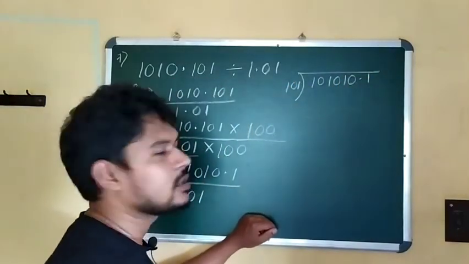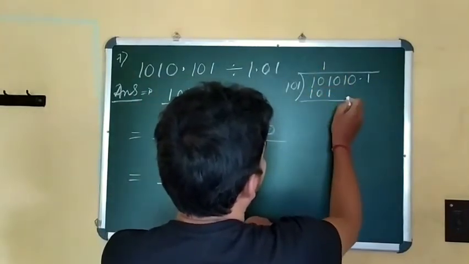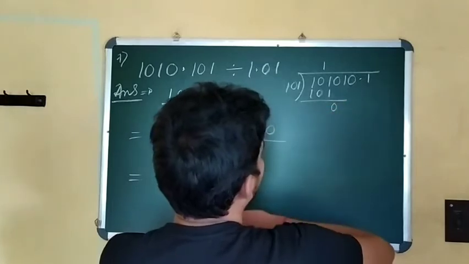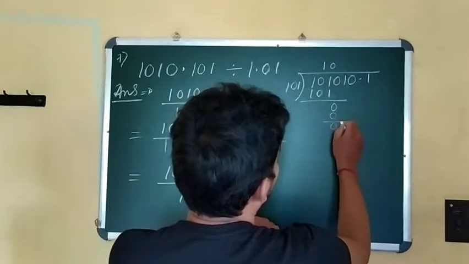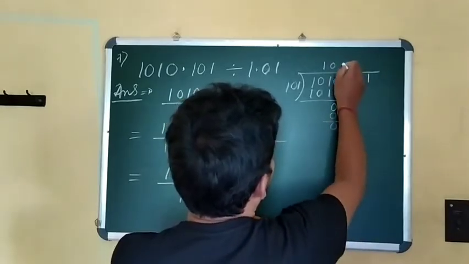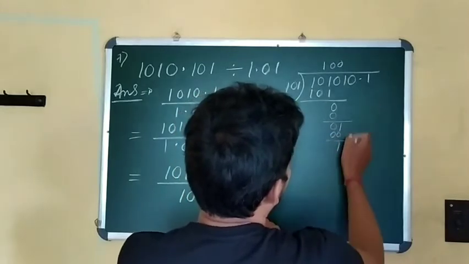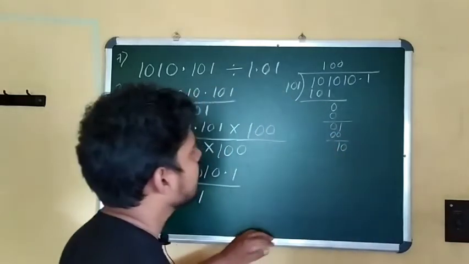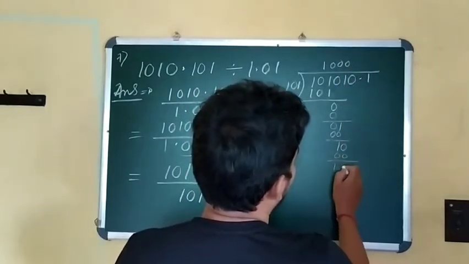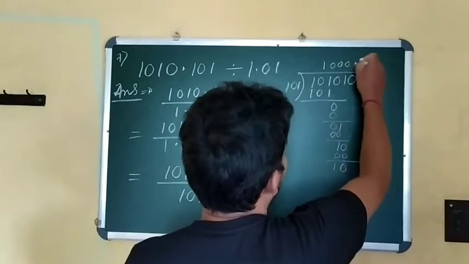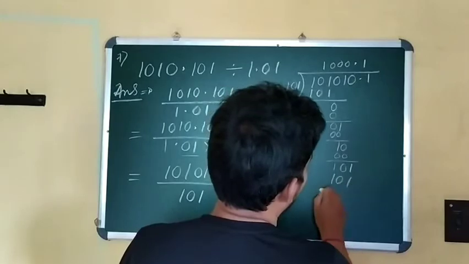So at first you can take 3 digits, so 101, then 0 comes down, so you take 0, then 1 comes down, then again 0 0 0, 1, 0 comes down, then again you put 0 0 0, then you have to shift the decimal point, then you take 1, then 1, so 1 0 1.